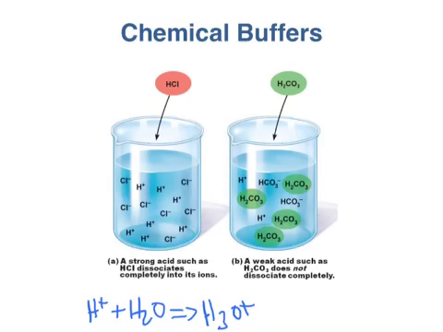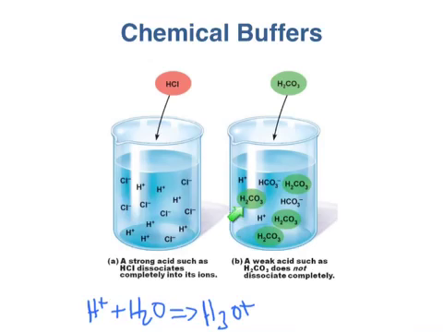So, if you have something like hydrochloric acid, HCl, HCl is a strong acid. If you put HCl in water, it completely dissociates into ions. 100 molecules of HCl gives you 100 hydrogen ions in solution. Complete dissociation. Weak acids and bases don't completely dissociate. So if you take a weak acid, like carbonic acid, and place that into water, some of the carbonic acid will dissociate, releasing a few hydrogen ions, but a lot of it stays as carbonic acid.